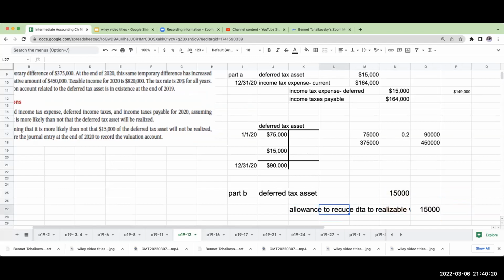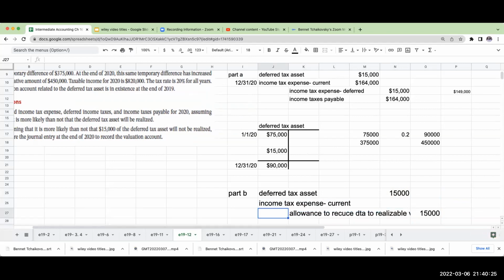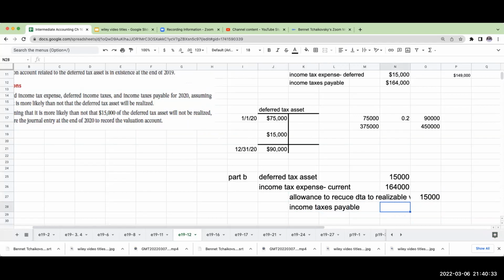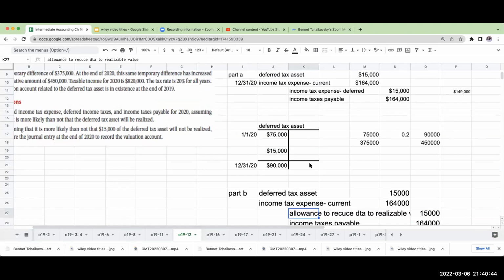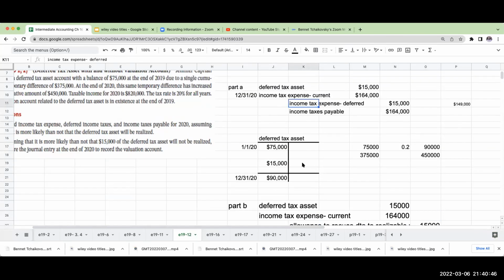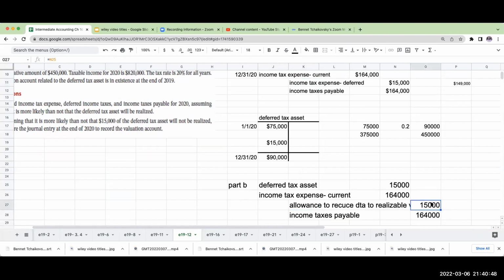Now my income tax expense current is still going to be $164,000, and my income taxes payable is going to be $164,000. If I am in a situation where that deferred tax asset is not going to be realized, instead of actually reducing my income tax expense, I'm just going to record the allowance.